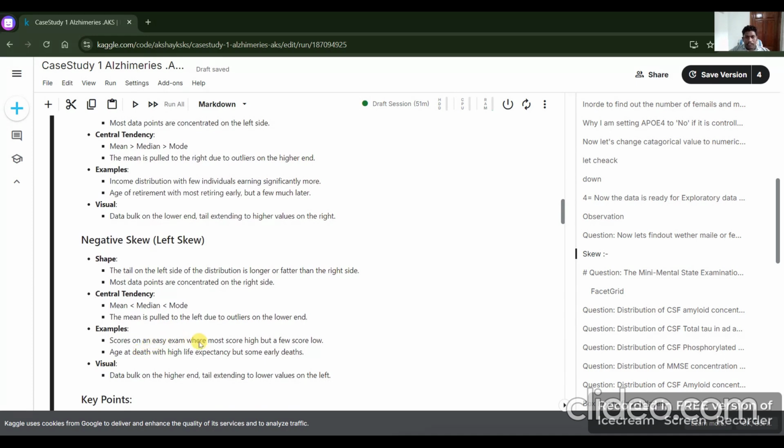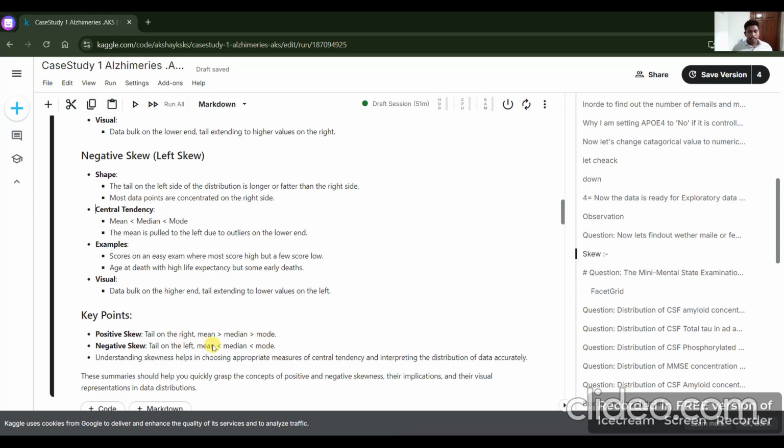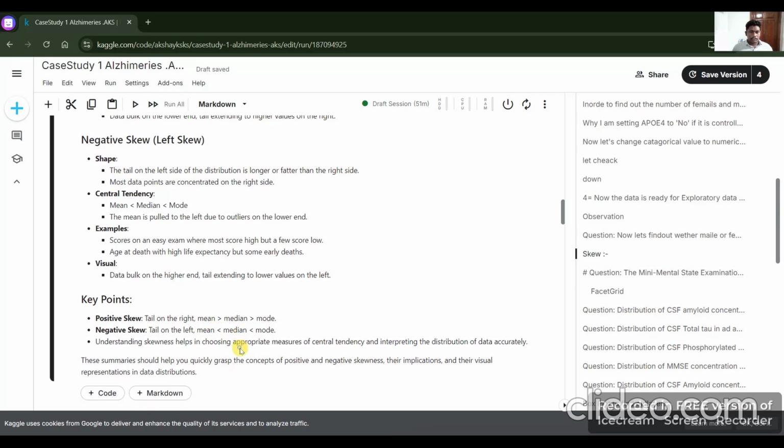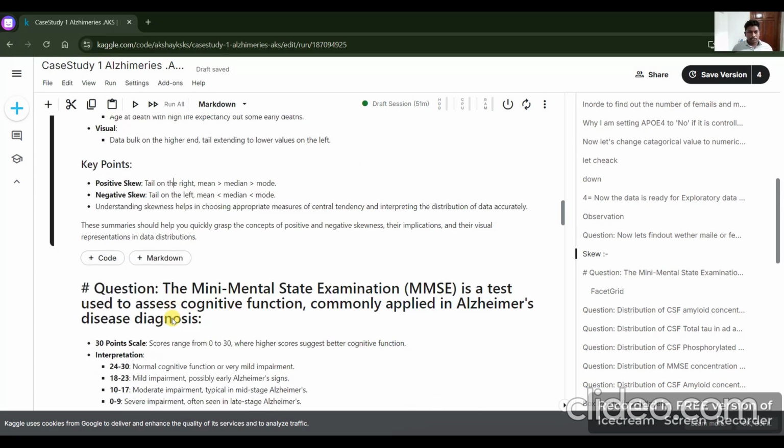Example: scores on an easy exam where most score high but a few score low; age at death with high life expectancy but some earlier deaths. Visual key points: positive skew has the tail on the right, mean greater than median greater than mode. Negative skew has the tail on the left, mean less than median less than mode. This is the difference between positive and negative skew.